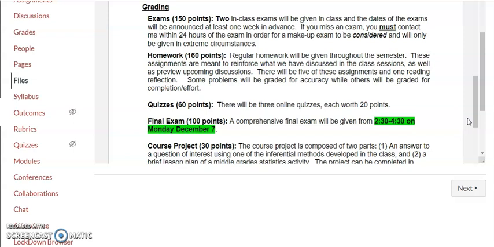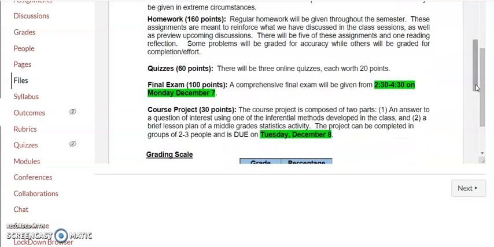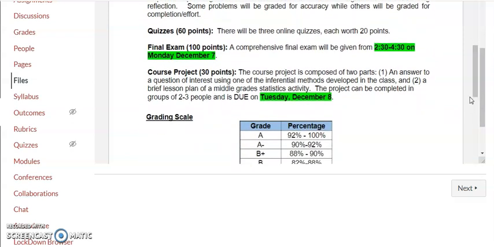And the course project is intended for you, and you'll get a flavor of this as we go through the class. I think of statistics as a tool for solving problems, for answering questions. So your course project is to pose a question and answer it with some inferential statistical method, and we'll talk about that as we go through the class.